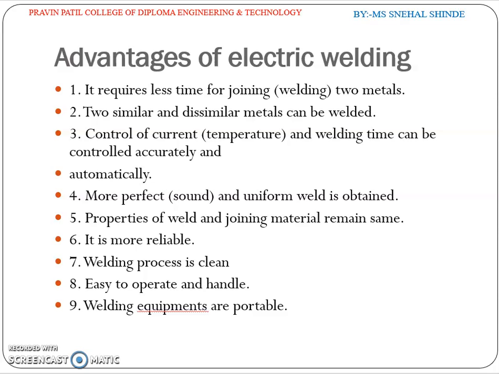A more perfect, sound and uniform weld is obtained. Properties of the weld and joining material remain the same. It is more reliable. The welding process is clean, easy to operate and handle. Welding equipment is portable.